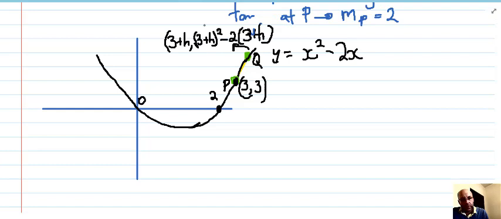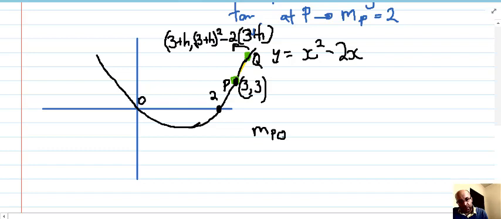The point coordinates for point Q will be 3 plus h for the x-coordinate, and (3 plus h) all squared minus 2 times (3 plus h) for the y-coordinate. So you could write the gradient as gradient sub PQ.